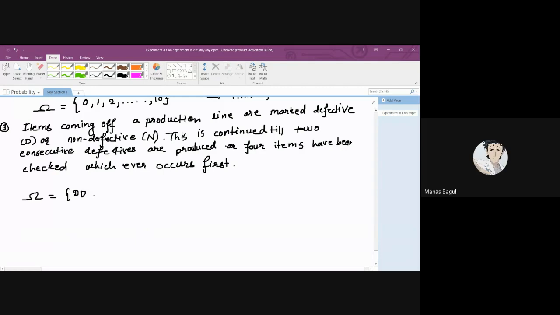DD, then NDD, DND, DNDN or DNDD or something like that. Any other possibilities?